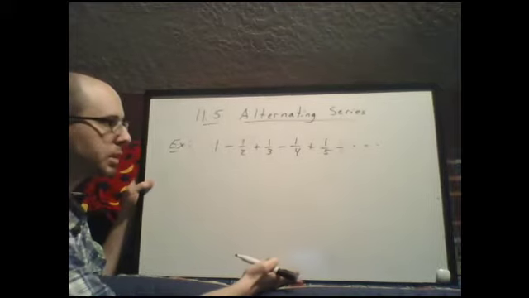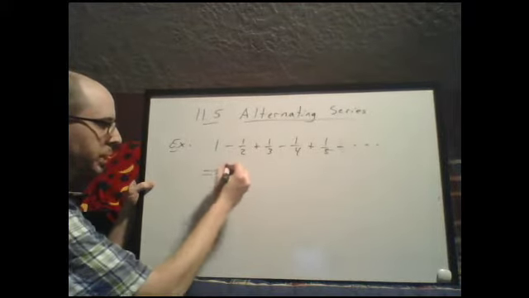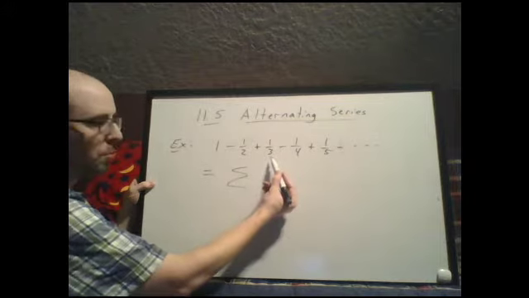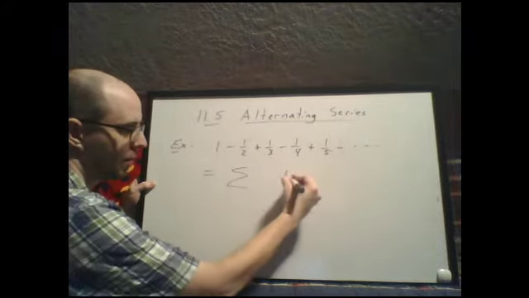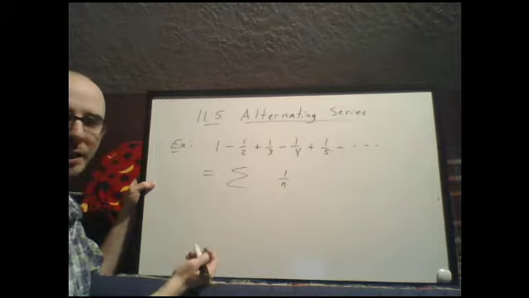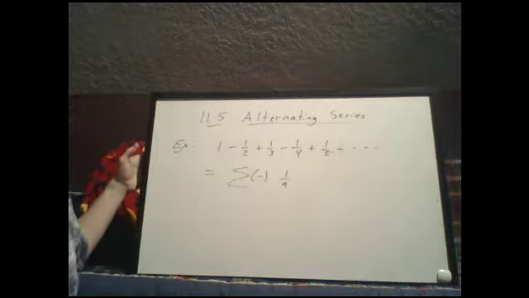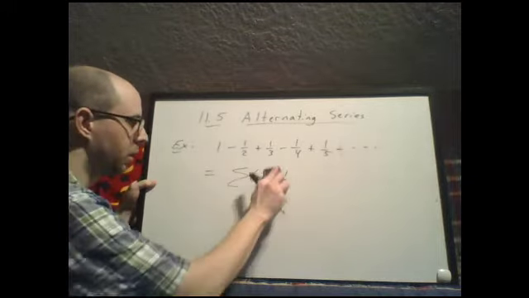That's an alternating series. This particular one would be, well, the formula for the numbers would be 1 over n, but we have this alternating sign that looks like negative 1 to a power.